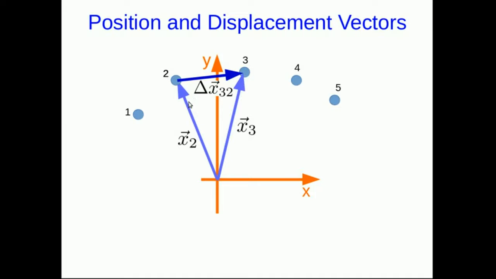But now I just have to point something out that's a detail. I said before that vectors are independent of how you choose your axes. Now, technically that's not quite true. They're independent of the orientation of your axes. But most vectors are also independent of where you put your origin.